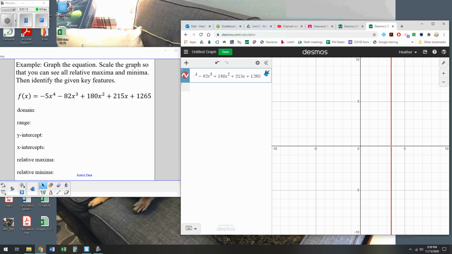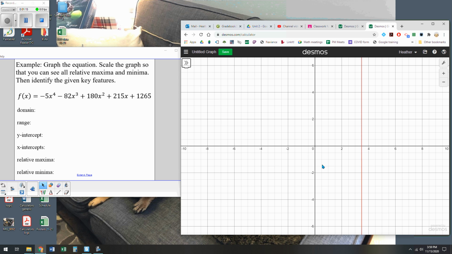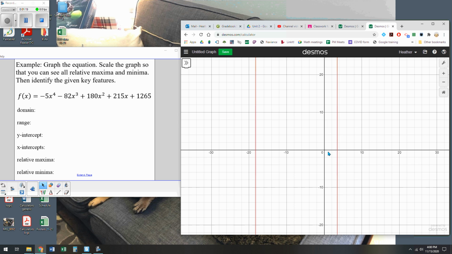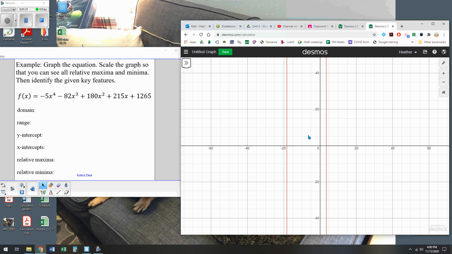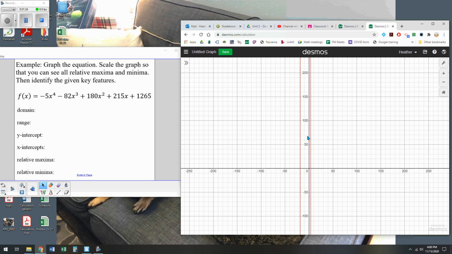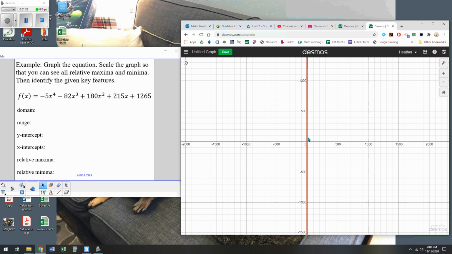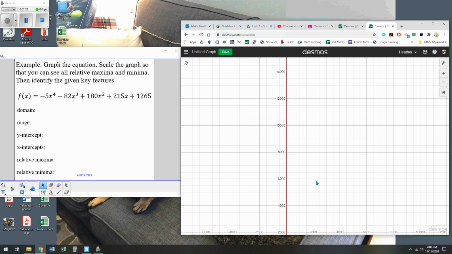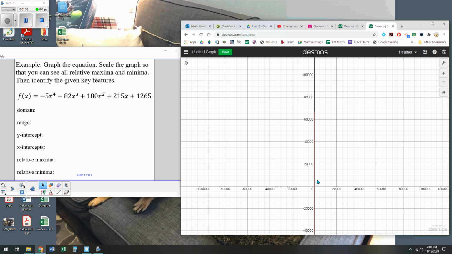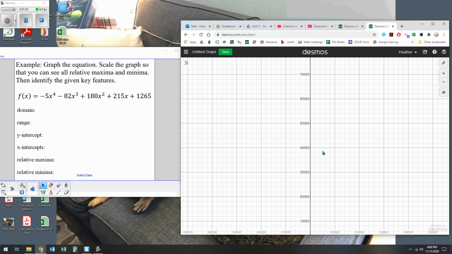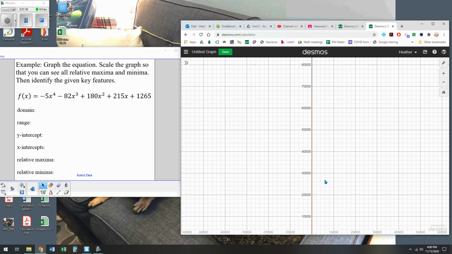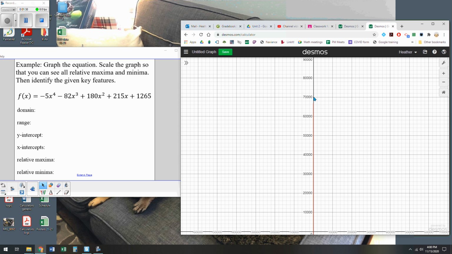So you notice on this now, let's move this over, that all we see is one line. And if I zoom out, now I see a second line. And I'm going to have to keep zooming out really far because I need to see something really high. And I keep zooming, and I can see now my red stops here. So my red is going to stop a little bit below 70,000.